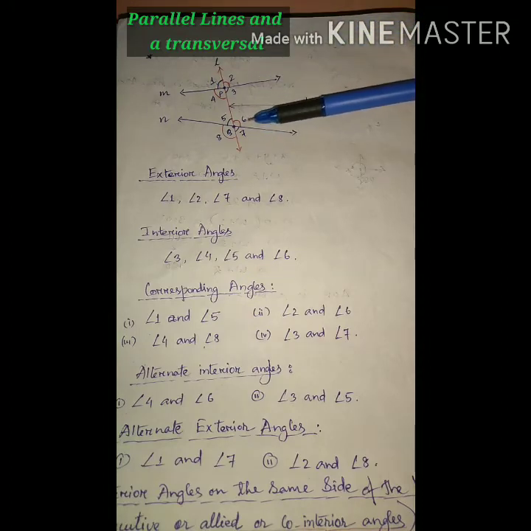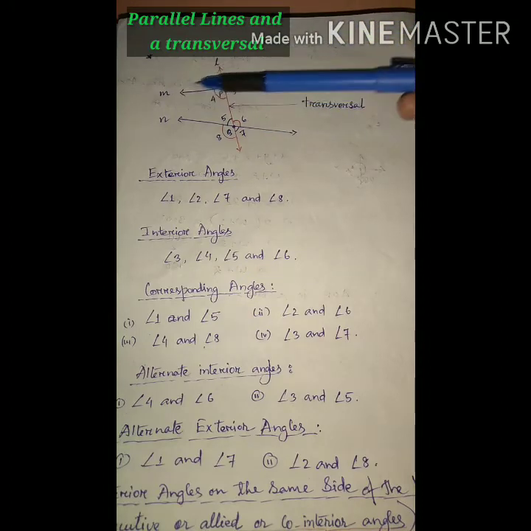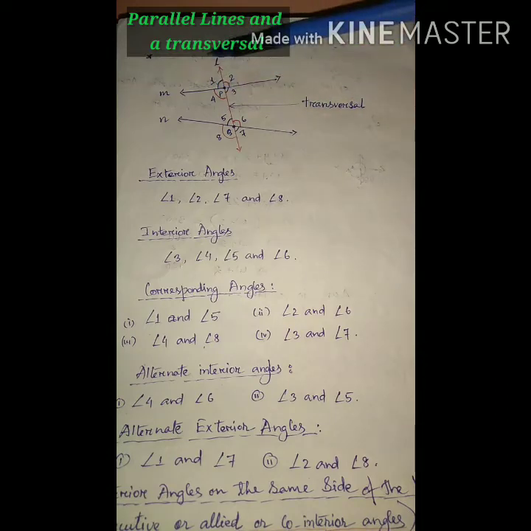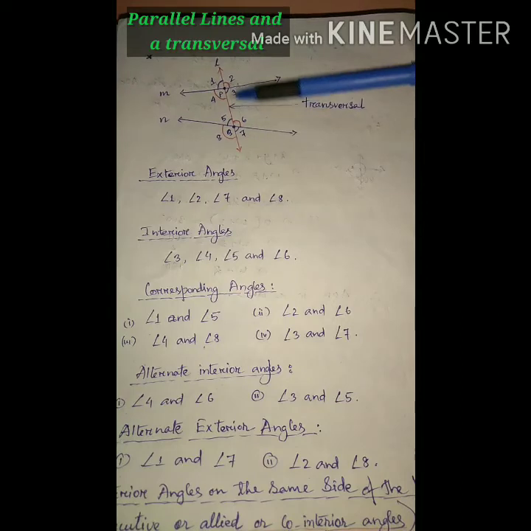It may be more than two. If a line intersects two or more lines at distinct points, then the intersecting line is known as a transversal. So that's why this red line is known as a transversal. Now we know why we discuss the transversal here.